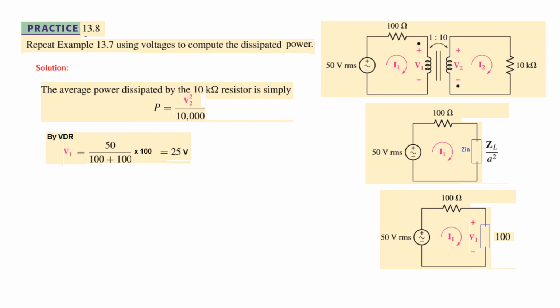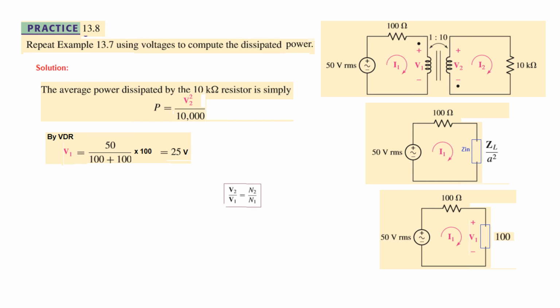And V1. So this is again the same way, we got the equivalent circuit and its value is 100. So we'll now look at this circuit and we need to find V1, so we do it by the voltage division rule. Total voltage divided by total resistance multiplied by this resistance. So V1 is 25 volt. And now we take the transformer relation.